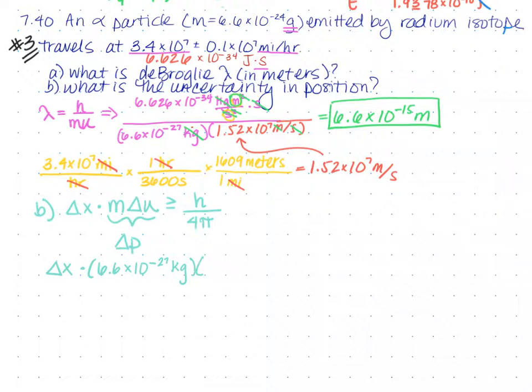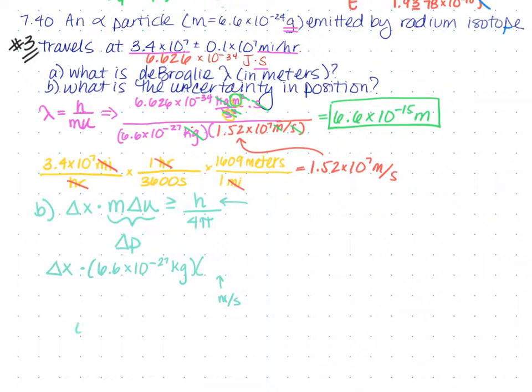I'm going to use the value in meters per second though. I need meters per second here because, remember, Planck's constant is joules times second, and there's a meter and a second in Planck's constant.